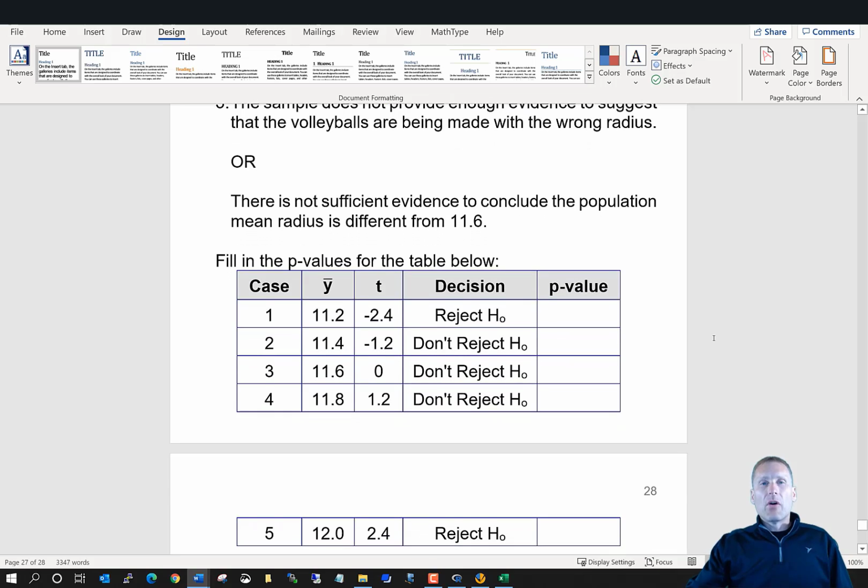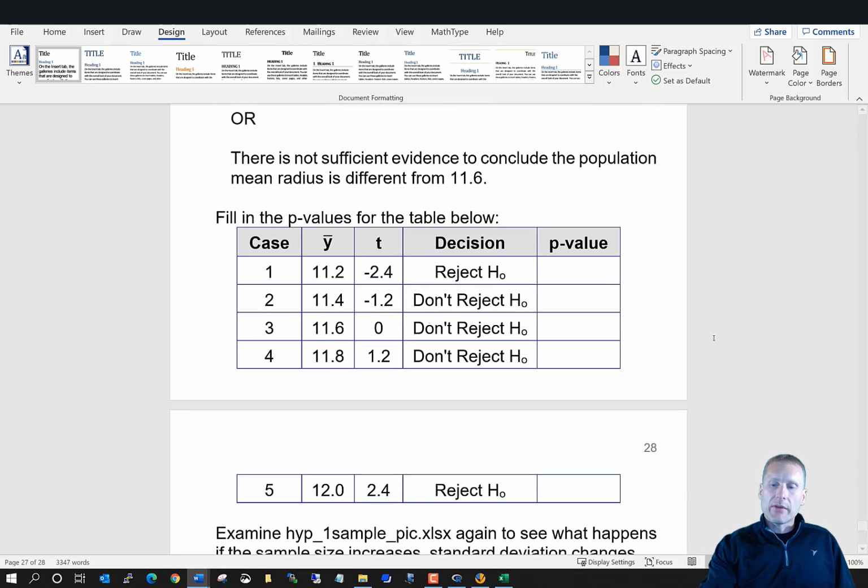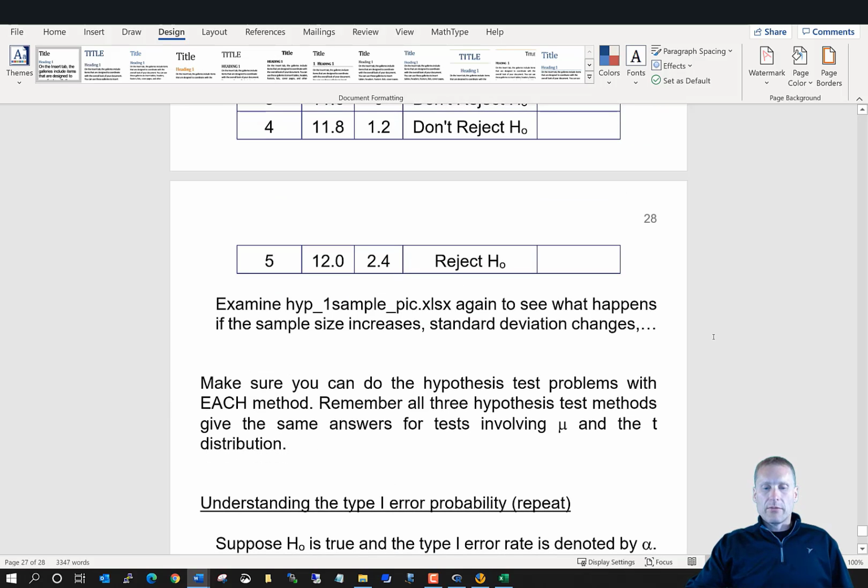Okay, so on your own, I want you to do this. Find what the p-values would be using R for these 5 cases there. Also, on your own, I want you to go back to this Excel file that we had.